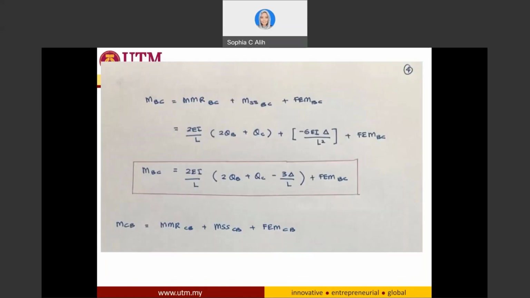Okay. Now I have already derived the equation for the end moment of BC, that is the moment due to member rotation of BC, the moment due to support settlement of BC, and also the fixed end moment of BC.